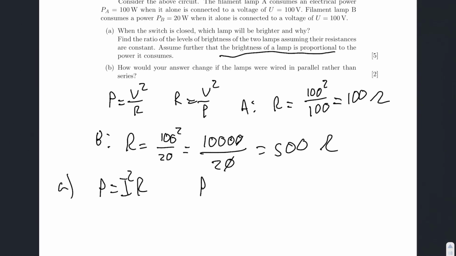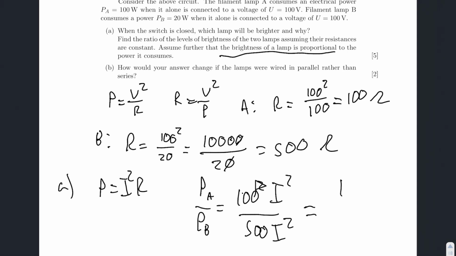So the power of A over the power of B is going to equal the current squared times the resistance. The R for A is 100, so we have 100 I squared over 500 I squared. So this simply equals 1 over 5. So we can see that PB is higher.